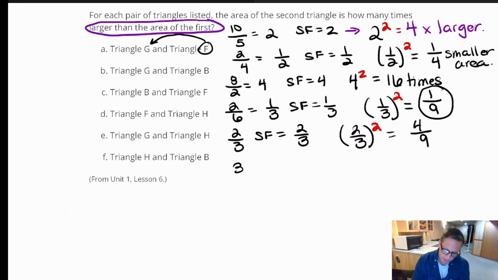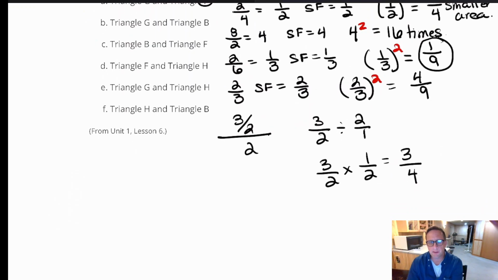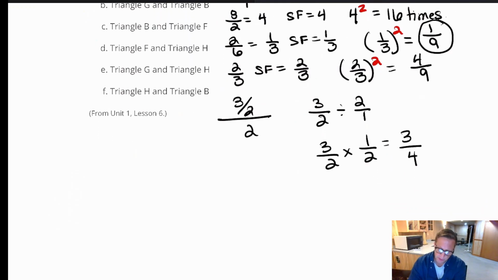I want to do 3/2 divided by 2. So we do 3/2 divided by 2, keep change flip, and then you get 3/4. Okay, so there's your scale factor. And so your scale factor, you want to square that to get how many times the area is greater, and that's going to be 9/16.